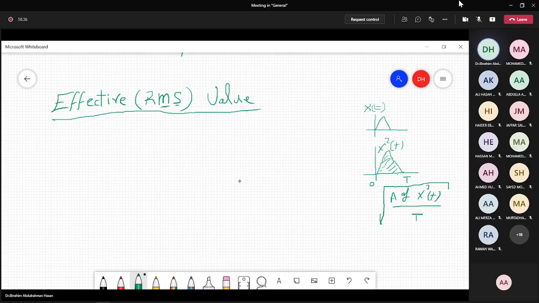So x effective in general is equal to 1 over T, integration from 0 to T of x squared t dt, under root. So this is x effective or x root mean square.